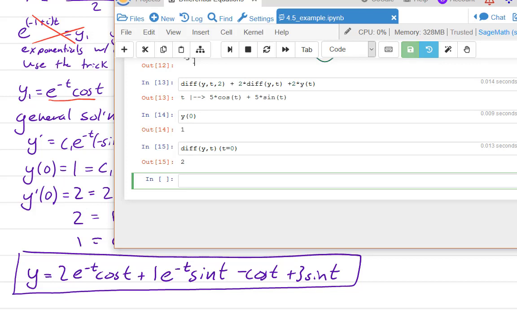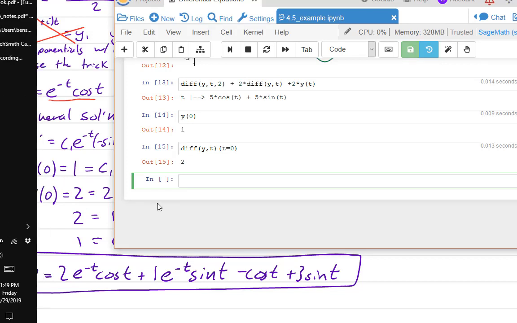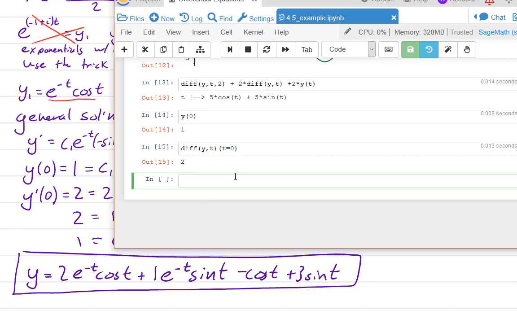Now, how would you actually solve this problem if you wanted to use Sage to help you along with the computations? Well, one thing you could do, for the method of undetermined coefficients, let's just say that a and b are variables.